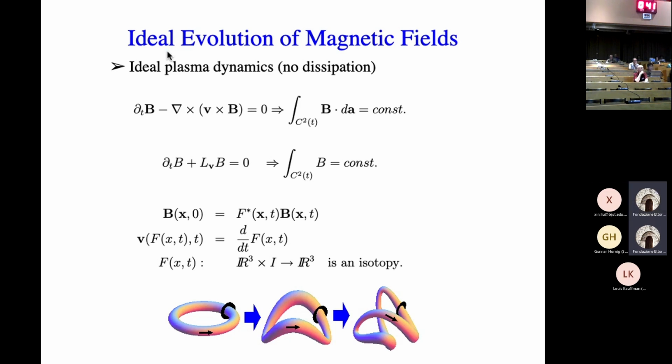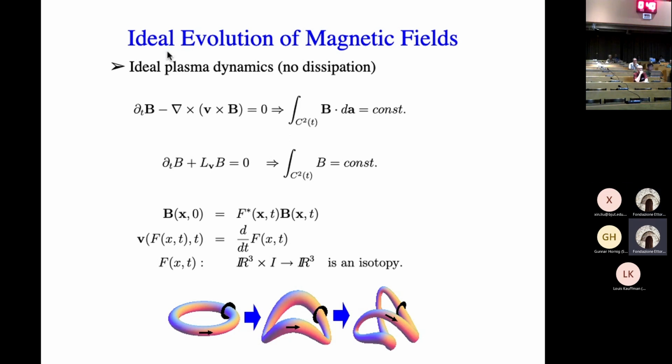This is the so-called Alfvén theorem, and if you like differential geometry, you can write this in terms of the Lie derivative. The magnetic field is a two-form, and that gives you the conservation of the integral.